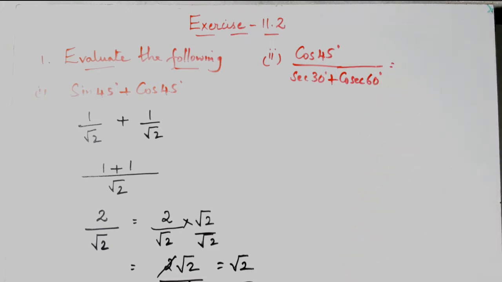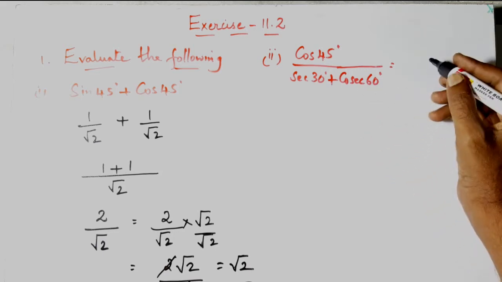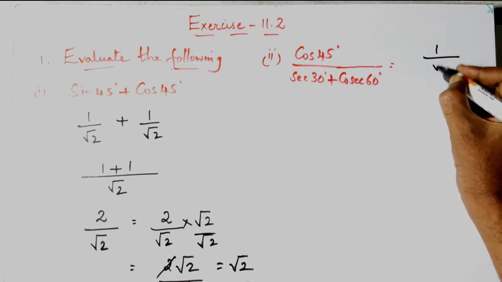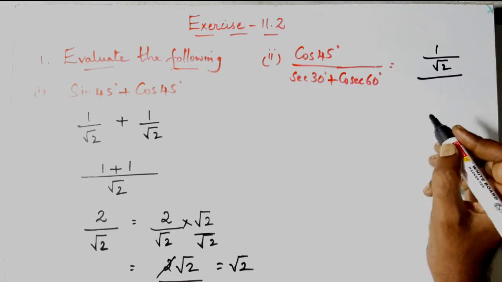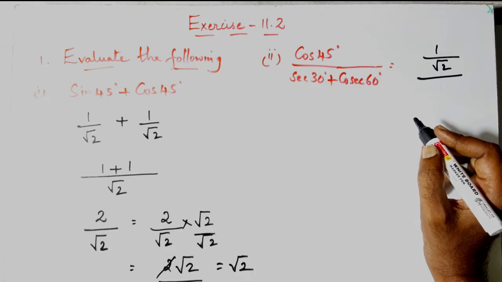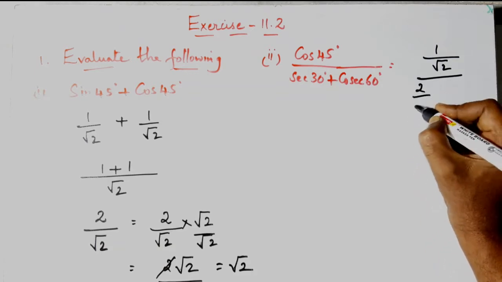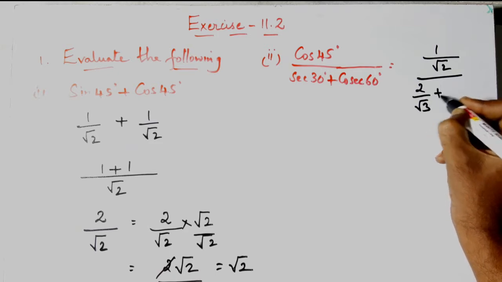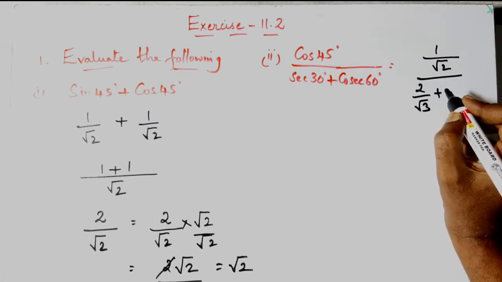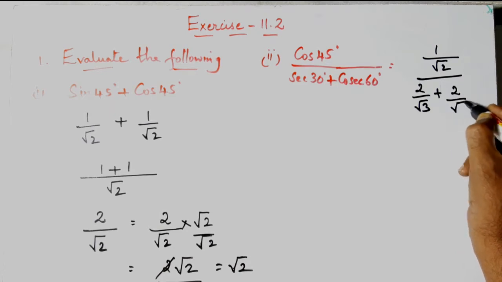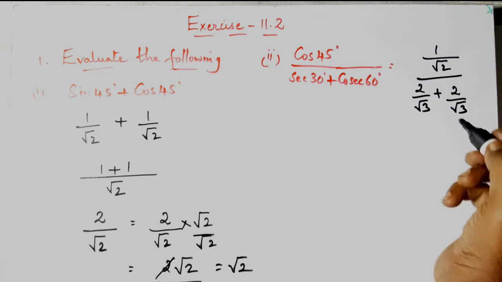Now as we all know the values of the given terms: cos 45 is 1 by root 2, by sec 30 degrees, which is 2 by root 3. Then what is cosec 60? Cosec 60 is again 2 by root 3.